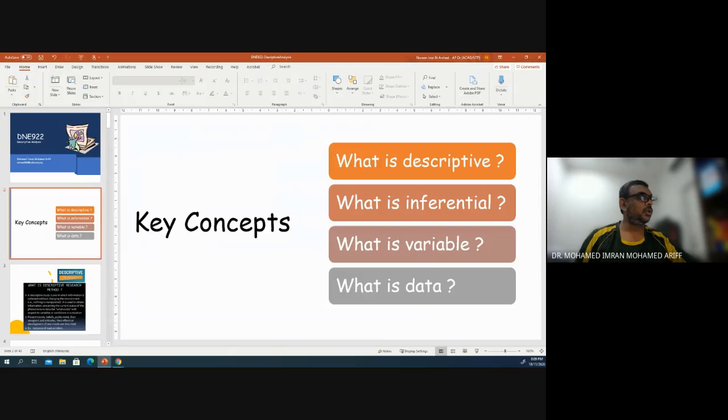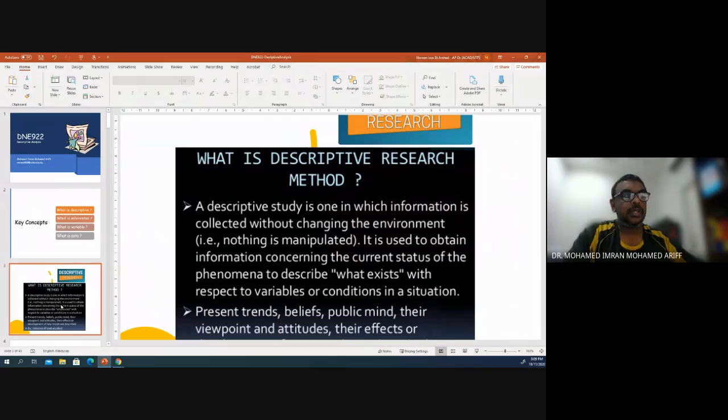Alright. So what is descriptive research itself? Descriptive research is a study in which information is collected without changing the environment. You don't change the environment, you just ambil as it is. Okay, you take the environment, you just collect the data as it is. Budak pergi sekolah, okay, the number of kids who go to school, you just take it as it is.